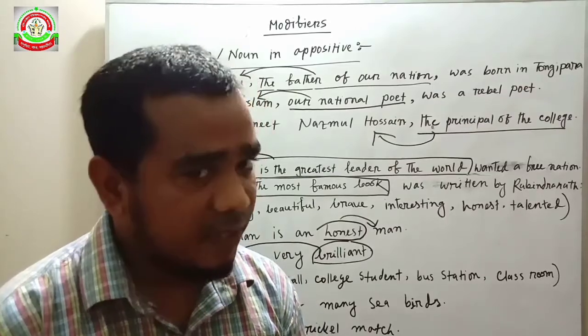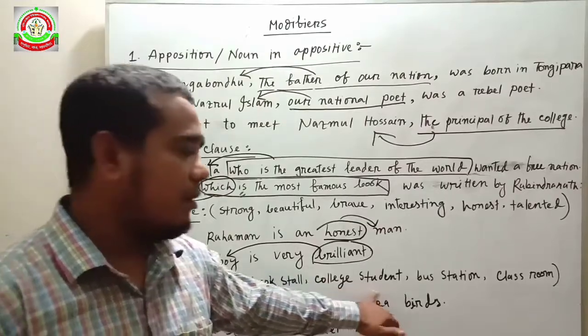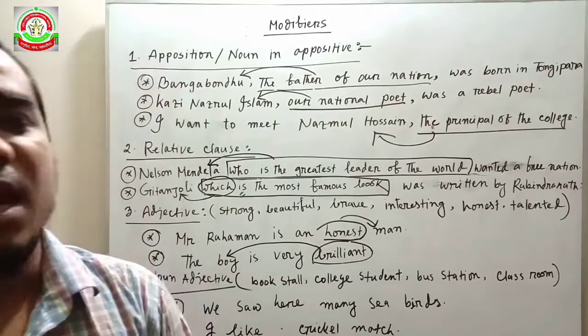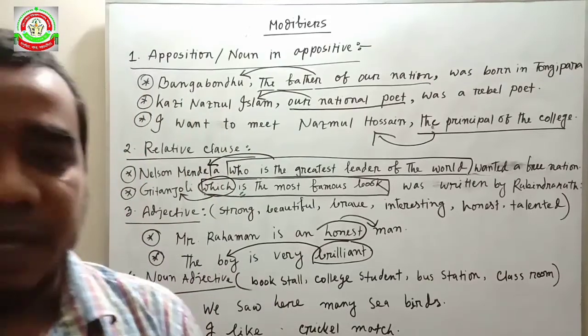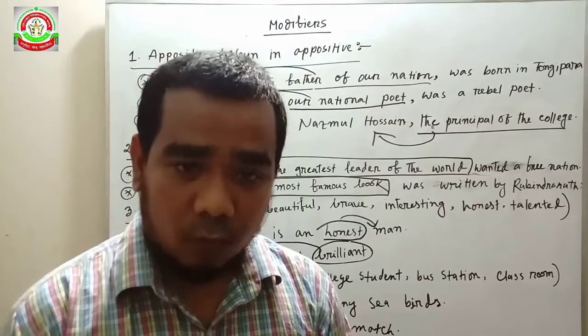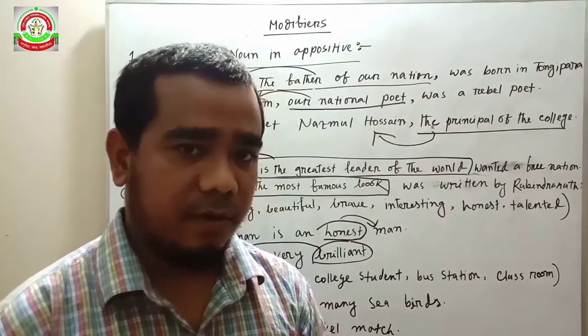Here I have written some noun adjectives: bookstall, college student, bus station, classroom. And like this we have a large number of noun adjectives. We can see ceiling fan, English book, college dress, table fan, and so on.